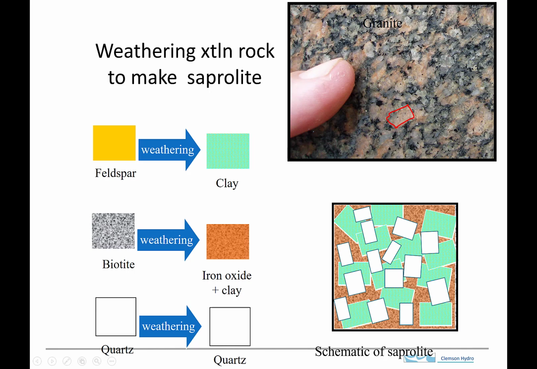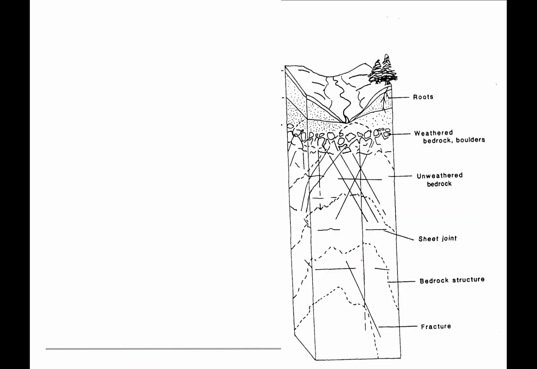The quartz is still strong, but it's not really forming the overall structural integrity of the material. Okay, so that's saprolite, and that occurs in the Piedmont at the ground surface and down to some depth that's dictated by the depth of the weathering.